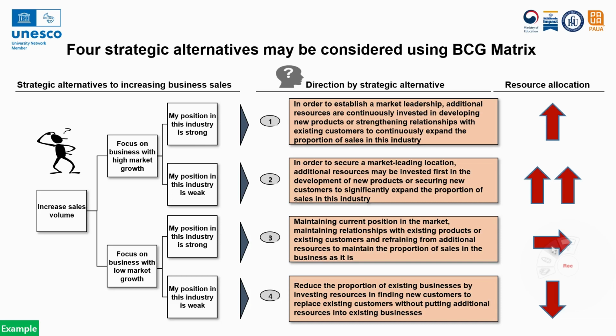The option number 3, where the business's market growth is so low and where my position in that industry is strong, so in the business sector of the cash cow, we can take the business strategic option of maintaining the current position in the market and maintaining the relationships with existing products or existing customers, and refrain from additional investment of resources, simply to maintain the proportion of sales in the business as it is.